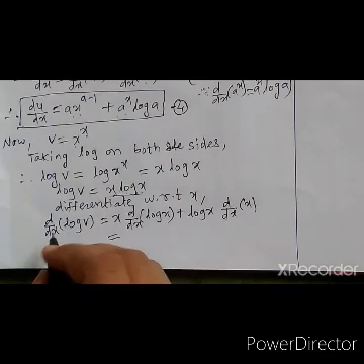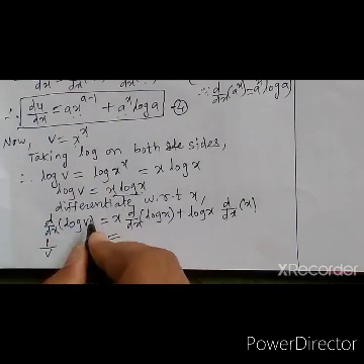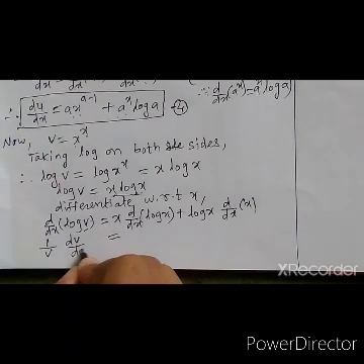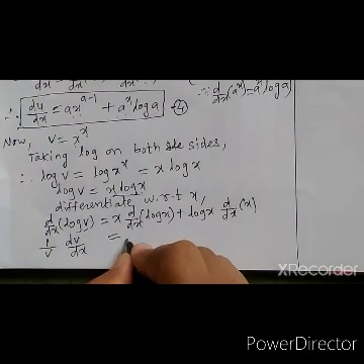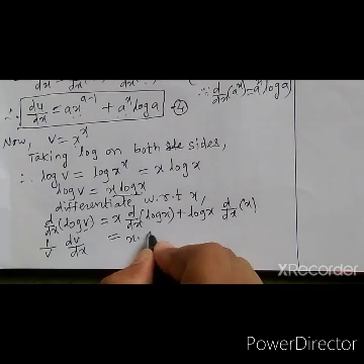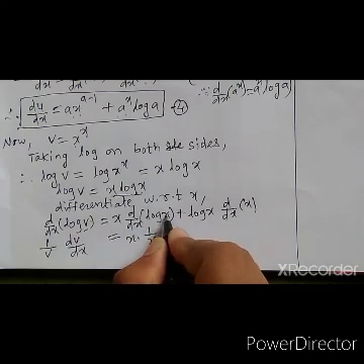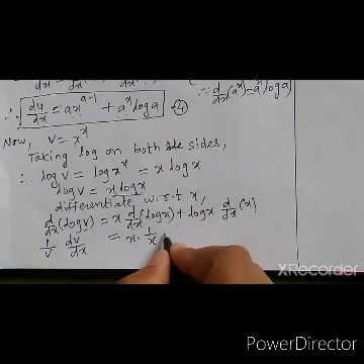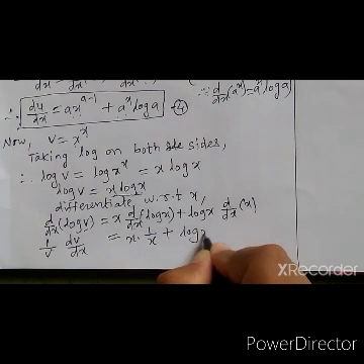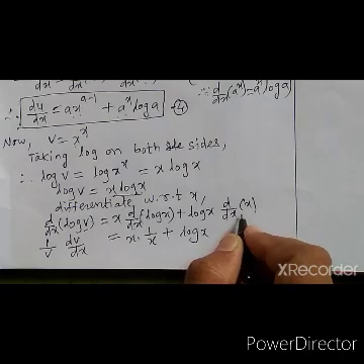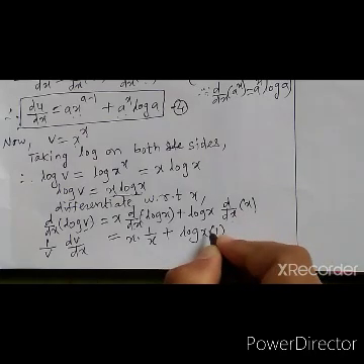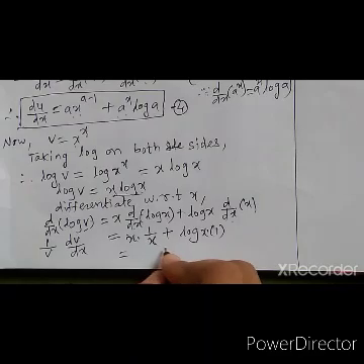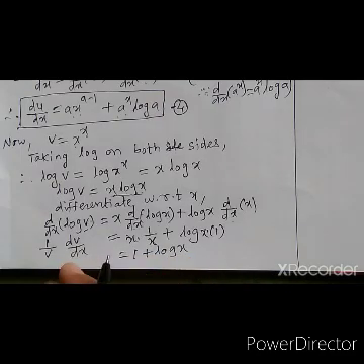Now derivative of log of v, we know that is 1 upon v, and derivative of this dv by dx. Here x as it is, derivative of log x is 1 upon x, and again derivative of x, that is dx upon dx, that is 1, plus log x and derivative of x with respect to x, that is 1. Therefore here x divided by x gets cancelled, and we got 1 plus log x into 1, that is log of x. So here 1 upon v dv by dx is equal to 1 plus log x.